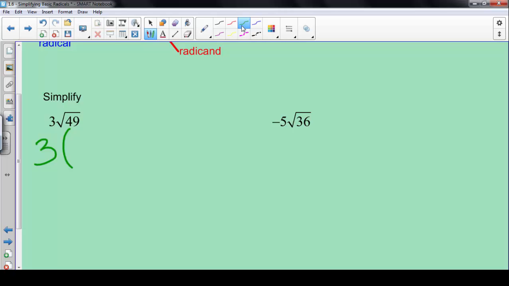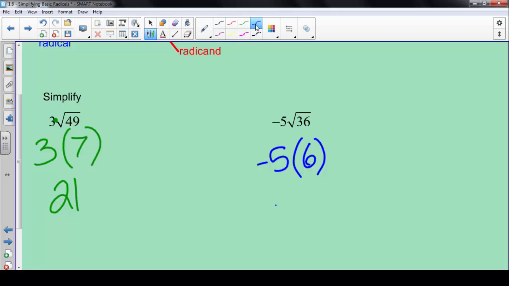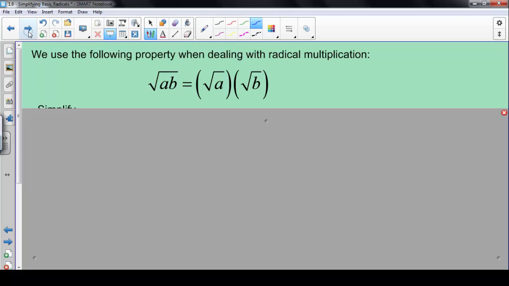Square root of 49 is 7. 3 times 7, 21. Even though it's not written, that's an implied multiplication. Just like if you have 2x, it's 2 times x. So same thing here, negative 5 times square root of 36 is 6. Negative 5 times 6 is negative 30.